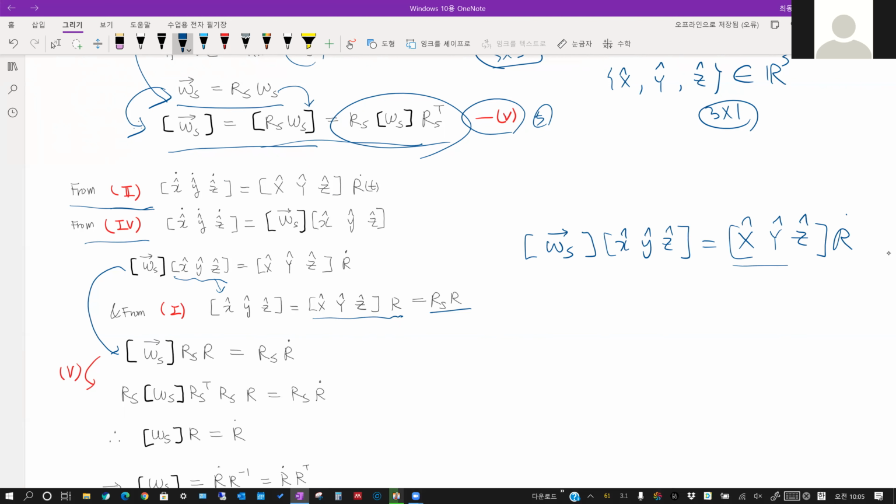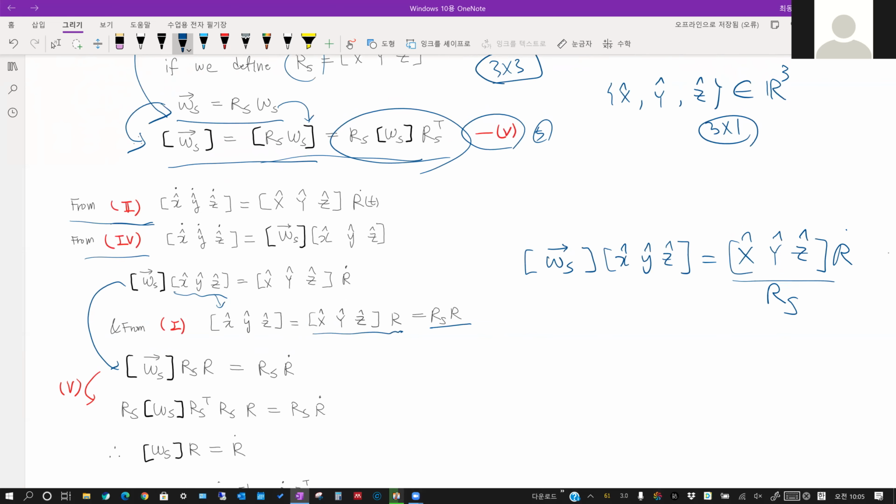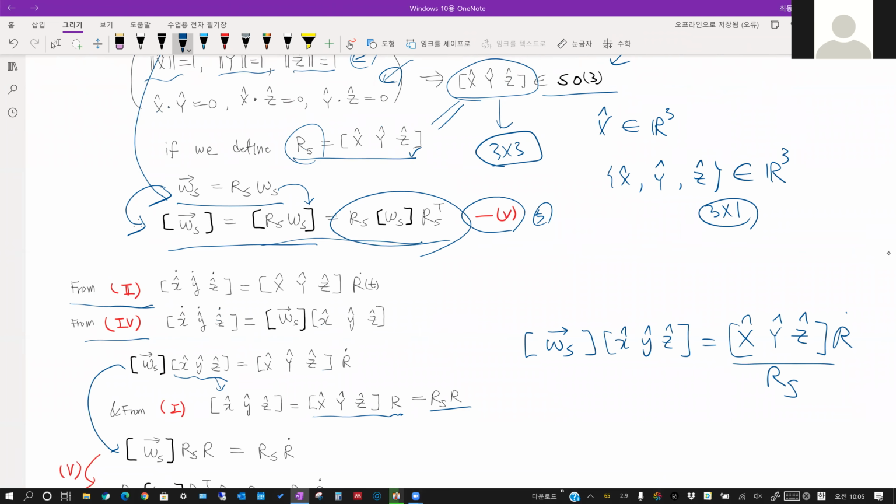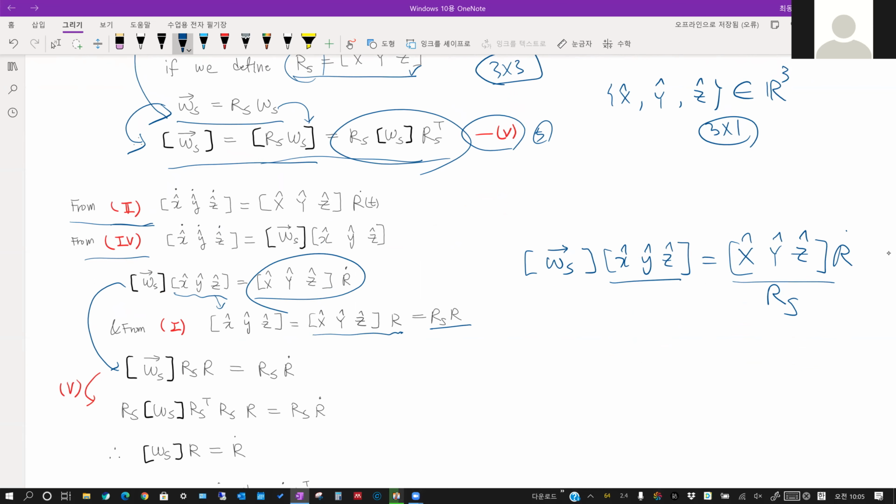In here, this one was R_s, as you can see, and this one is the same as this one. So this is R_s R dot. So it becomes R omega_s bracket R_s R equals R_s R dot, and this equation is here.